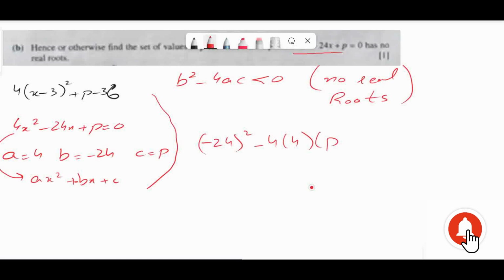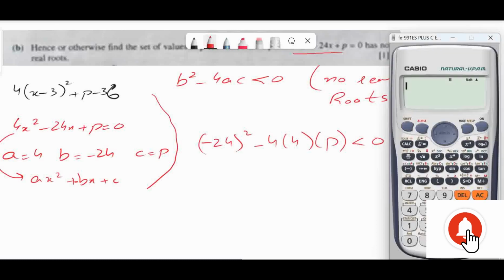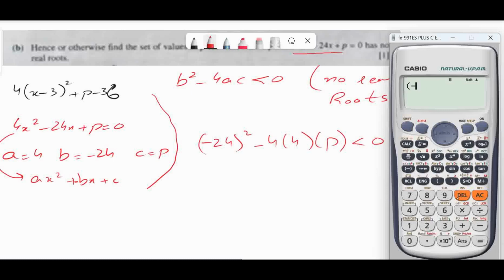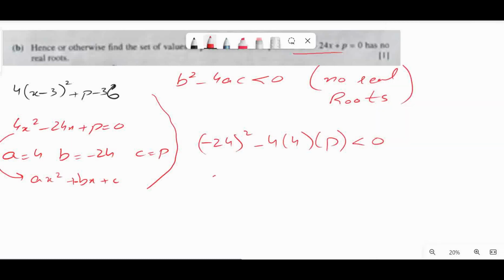So this must be less than 0. If we simplify it further, negative 24 whole square will be equal to 576. So 576 minus 16p is less than 0.